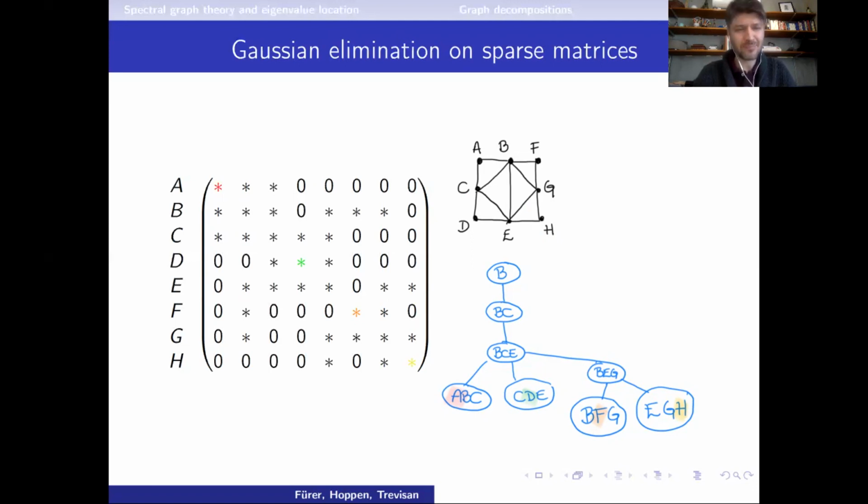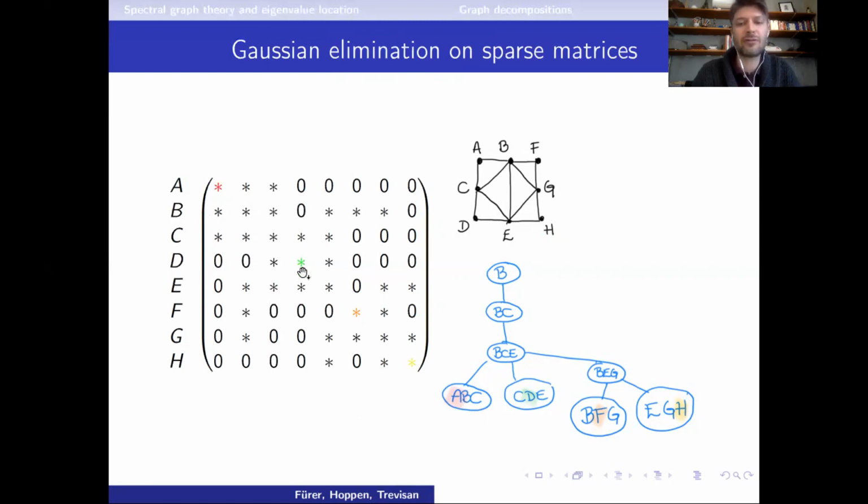If we use that diagonal element A to eliminate the elements in rows B and C, it will affect other positions in rows B and C, but the only positions that can be affected are the ones in B and C, like here. And those are precisely the nodes that lie in this bag.